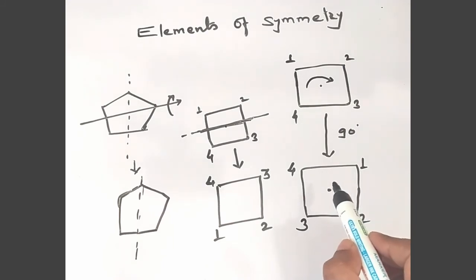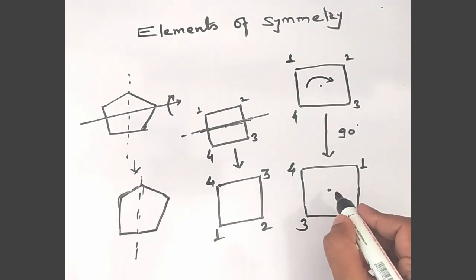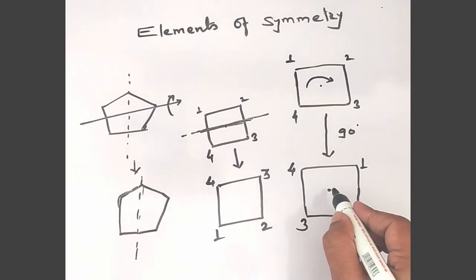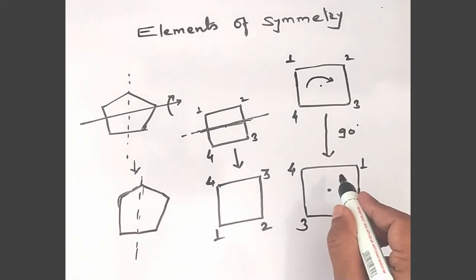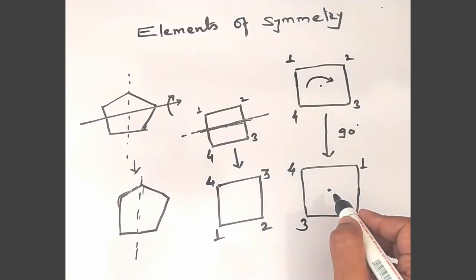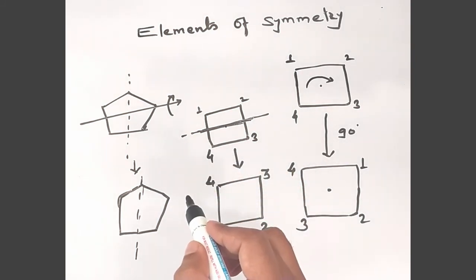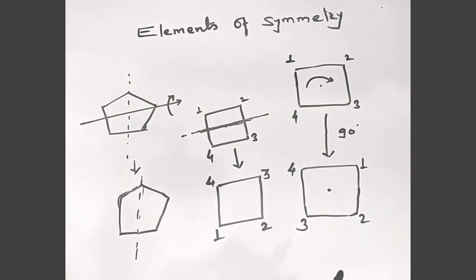In each molecule, in each geometrical entity, there is a point from which all such elements pass, and this point is called the center of gravity.